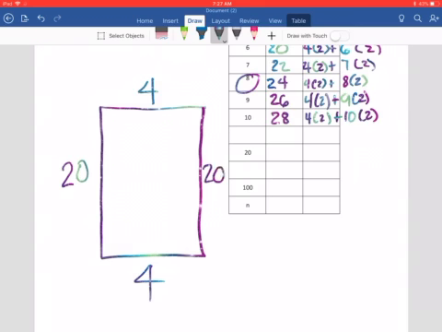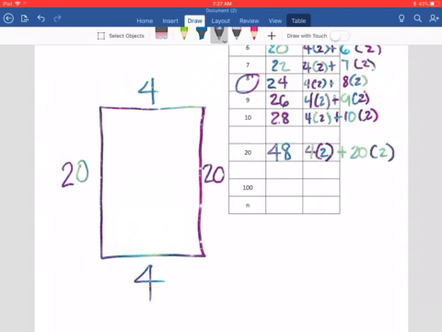All right, so did you come up with 48? 4 plus 4 is 8. 20 plus 20 is 40. Perimeter would be 48. And it would be 4 times 2 plus, and then the number of rows, 20 times 2.